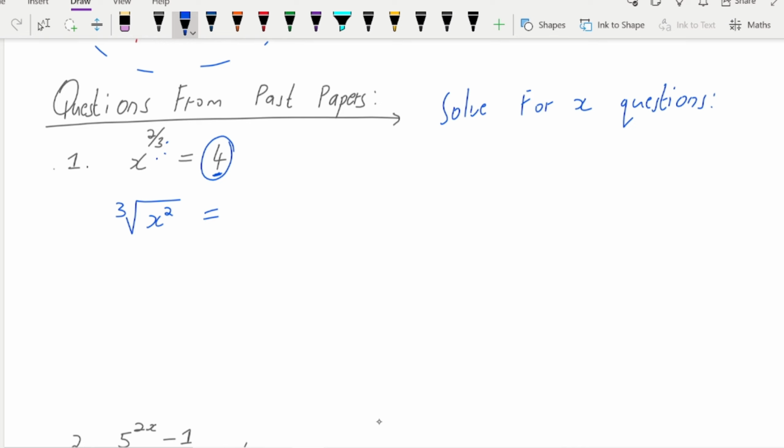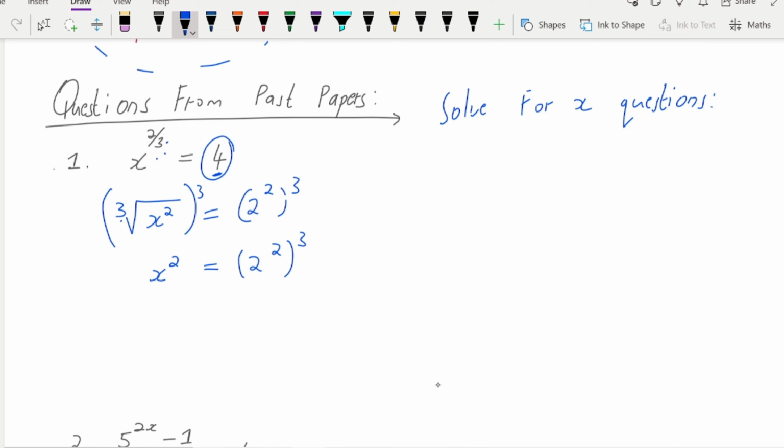Then here, we're going to simplify this to give us 2 to the power 2. So to solve for x, since we have a cubed root, to remove the root, we can simply multiply both sides by 3. And after doing that, we're going to remain with x to the power 2, which is equated to 2 to the power 2, 3.